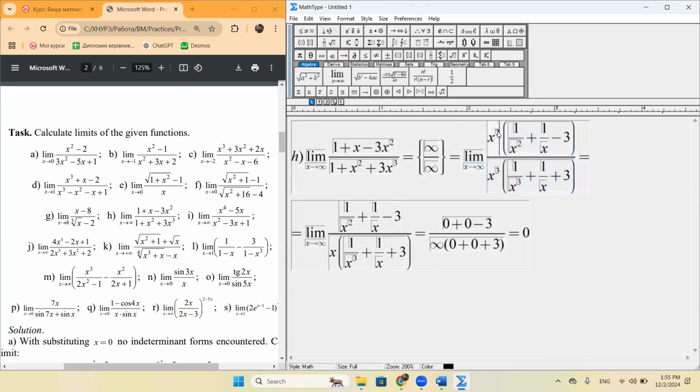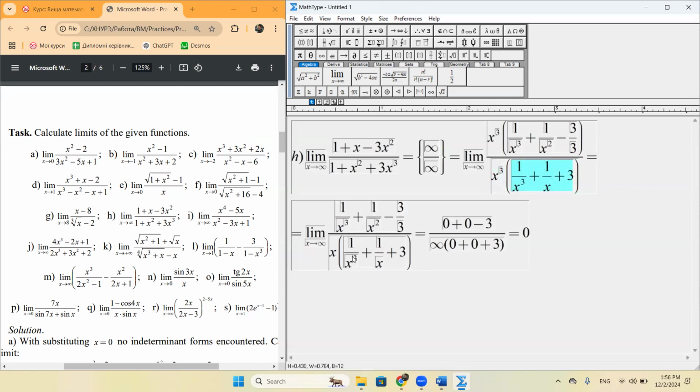So if I move the highest power out of both the numerator and the denominator, what will I get? So this and 3 by x. So what will change?